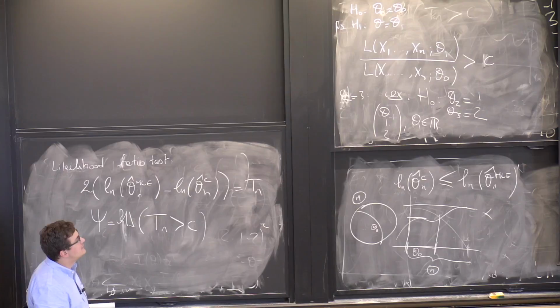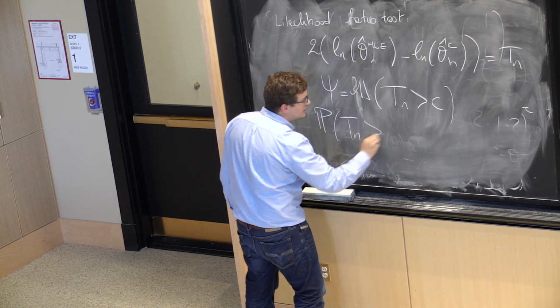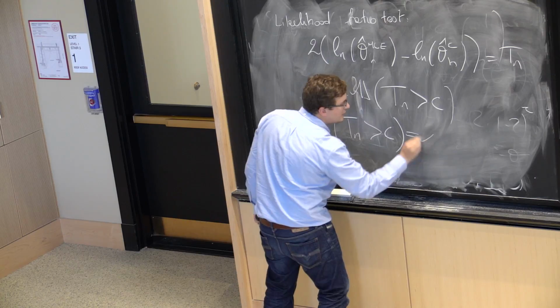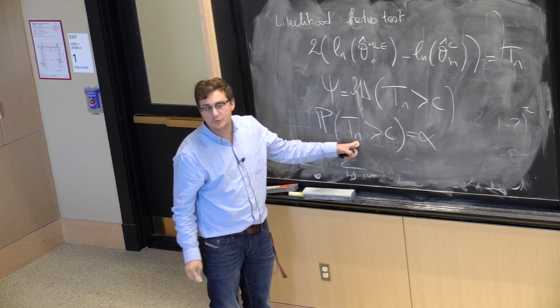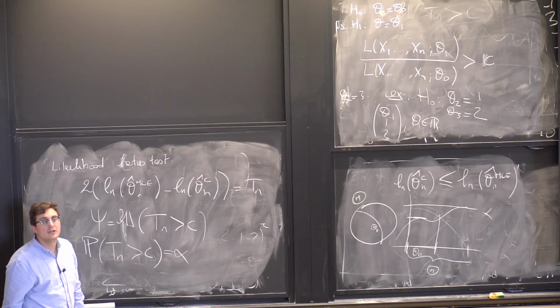And now, under some technical conditions, if H0 is true, so if I want to calibrate C, what I need to do is to look at what is the C such that this is equal to alpha, and that's for the distribution of T under the null.